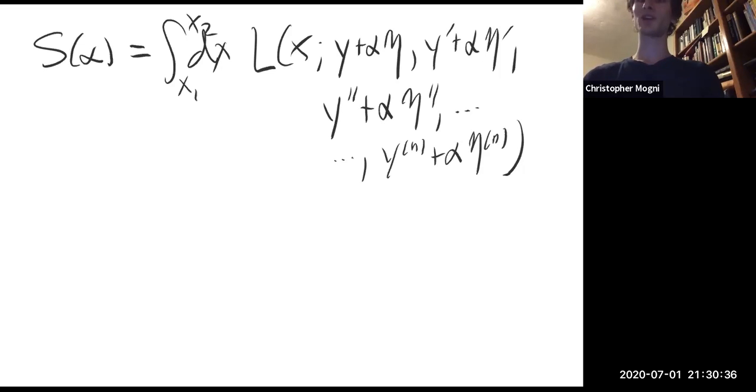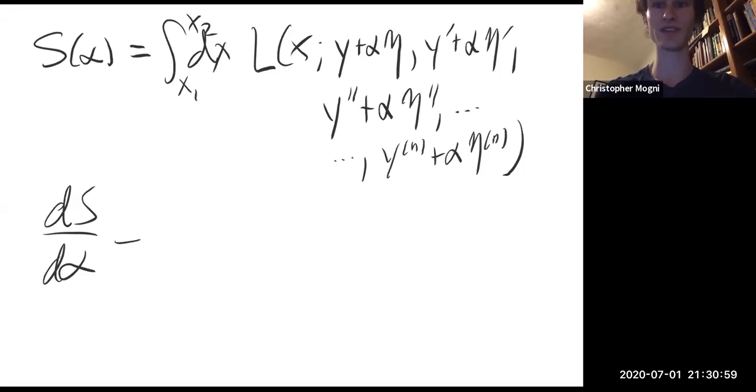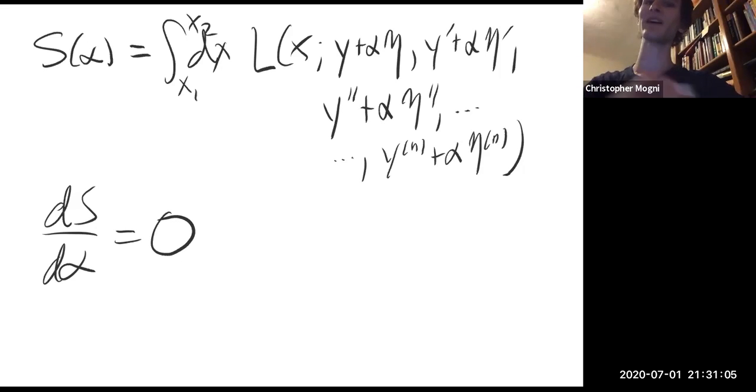And so we can ensure that by taking a derivative with respect to alpha and saying, hey, if this quantity is 0, we've actually found extreme values of this S quantity with respect to the y that is a solution of that differential equation. Cool. So dS/d alpha has to be equal to 0 to find extreme values of y to plug in that will extremize S.